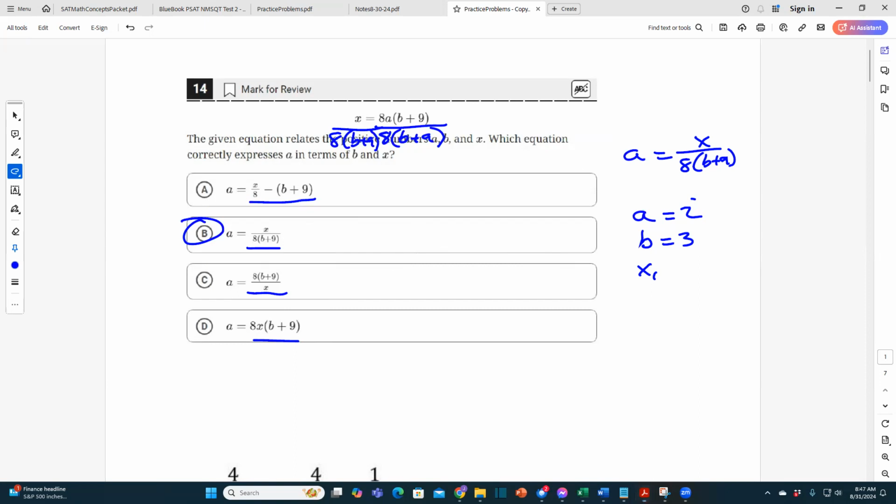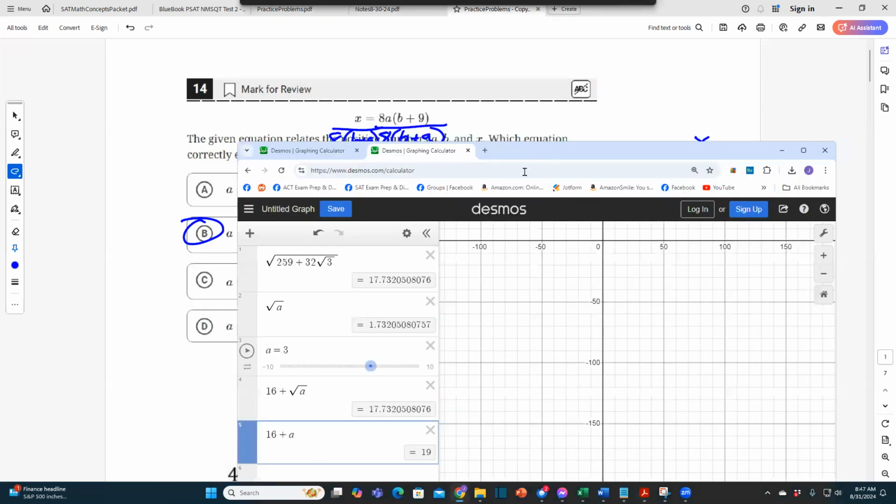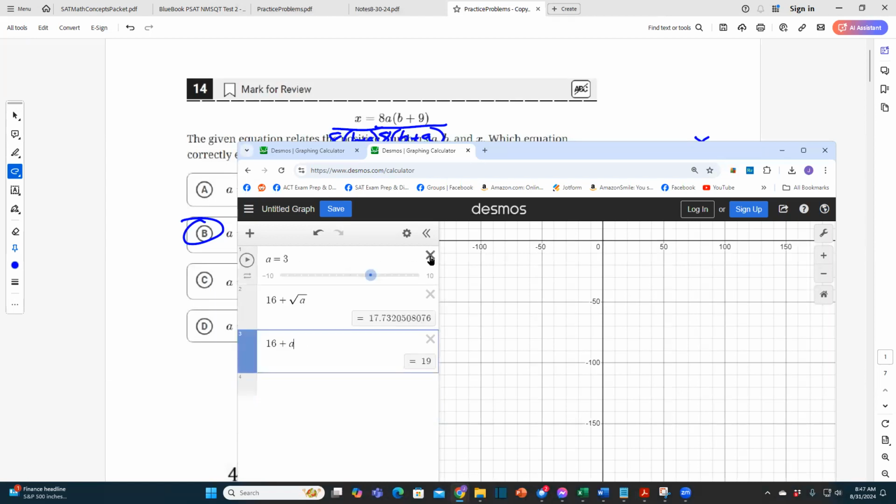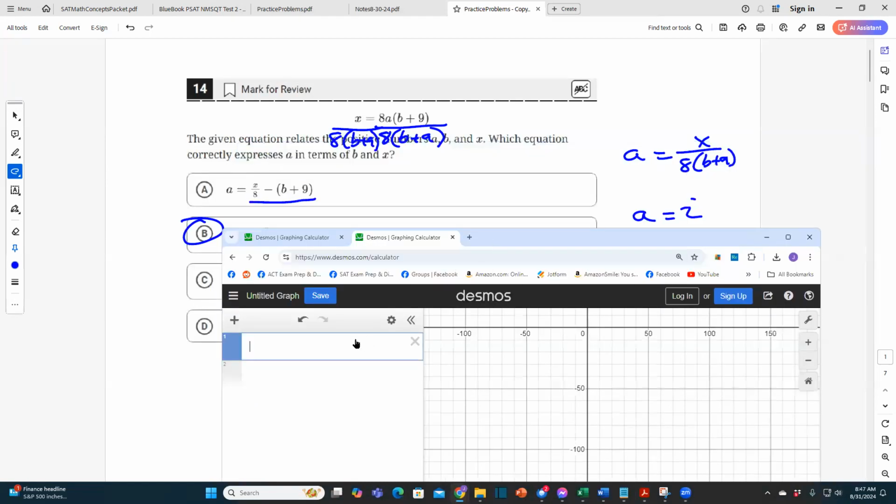Let's try it out. But again, you shouldn't waste too much time on an easy problem doing it in Desmos. So if I had x1 equal 8a times the quantity b plus 9, a is 2, b is 3, you see x1 equals 192.